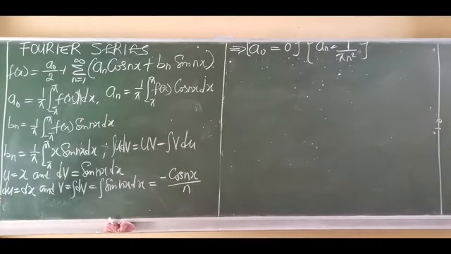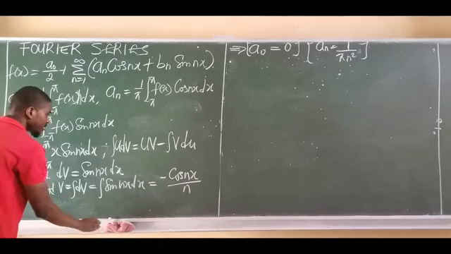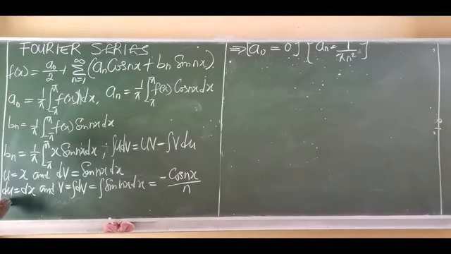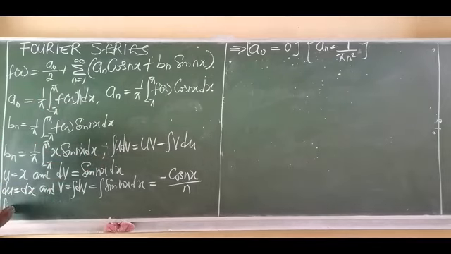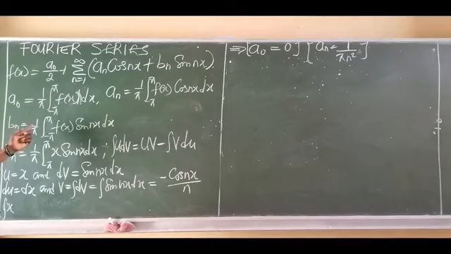Let's plug this back into the formula. Here u is x, so all we are doing is integrating the given function without the limit from minus pi to pi, and without the constant outside.